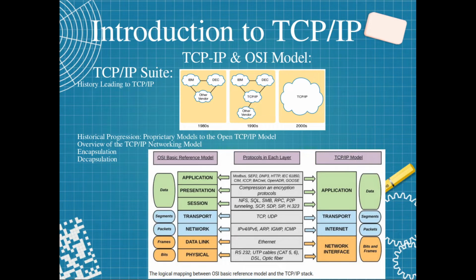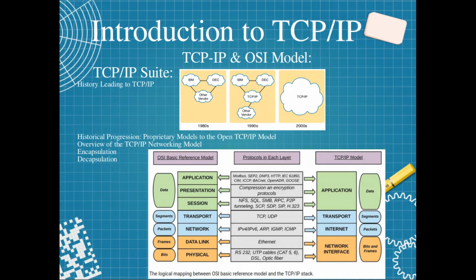TCP/IP came before OSI, because OSI came later, in between the 80s and 90s, when there was a requirement for open standards. So the same kind of suite, not exactly the TCP/IP suite but a similar one, existed at IBM, DEC and other vendors.